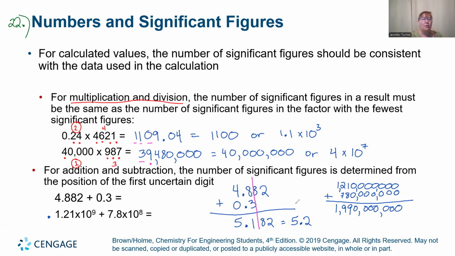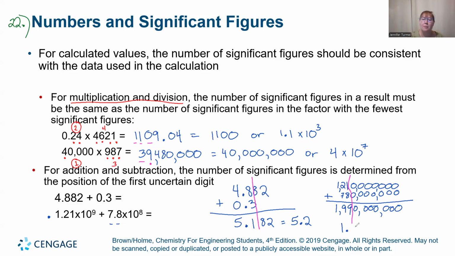Now, if you look at this, even though this one only has 2 significant figures here, this is where the significant figures end. Oops, accidentally went over that one. There we go. Okay, this is where those significant figures end. So I'm going to keep this whole value, okay?